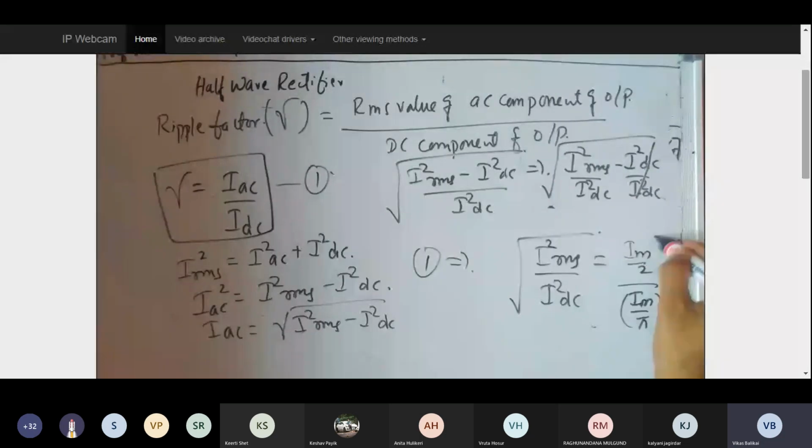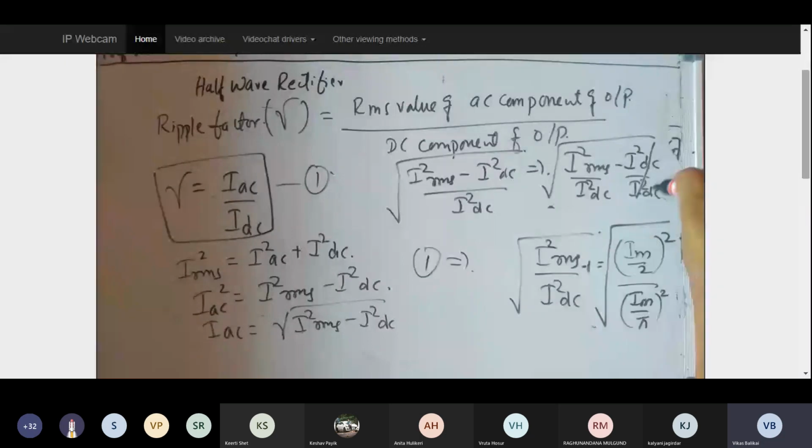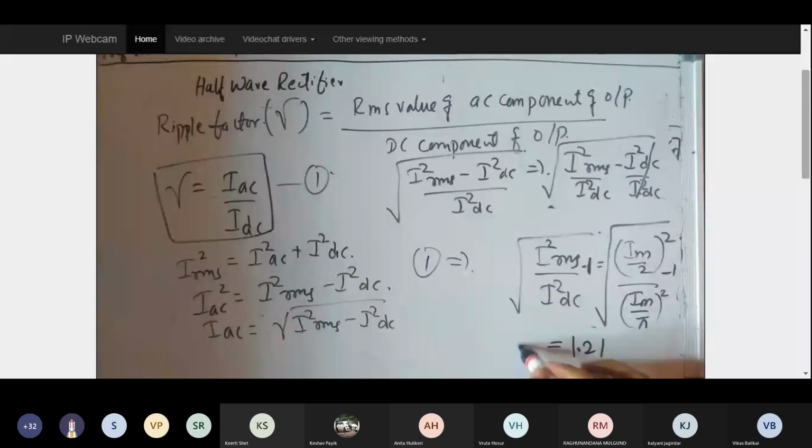So this will be pi square by 4, minus 1 term that I forgot, because here I square DC cancels and 1 is left. So this entire term minus 1. If I do this entire calculation, I am going to get a value of gamma as 1.21, or in terms of percentage it is 121%.